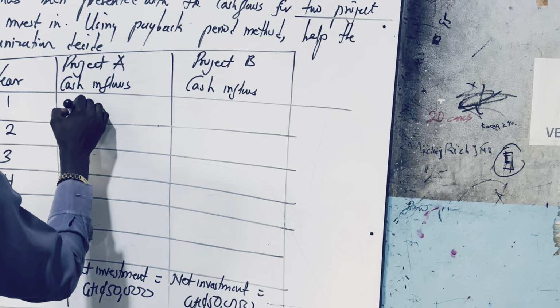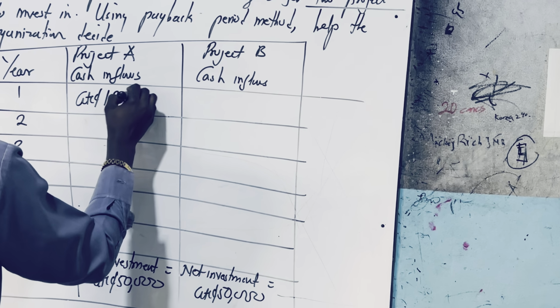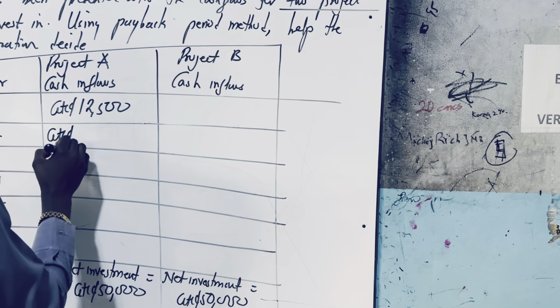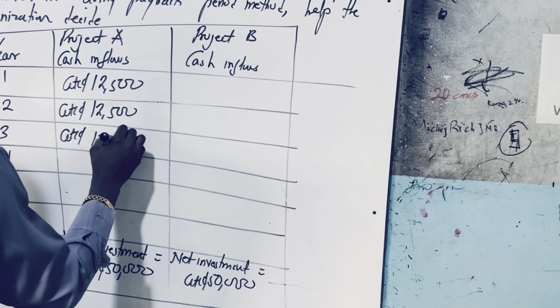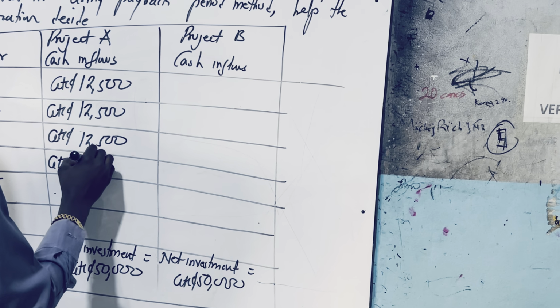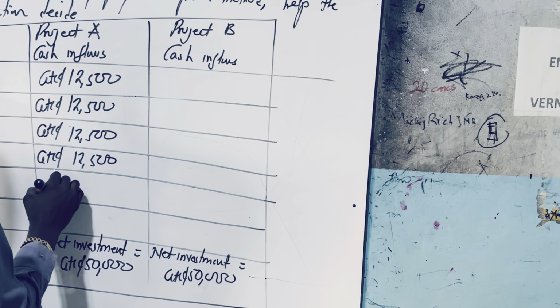Then we have 12,500. We have here 12,500 throughout.